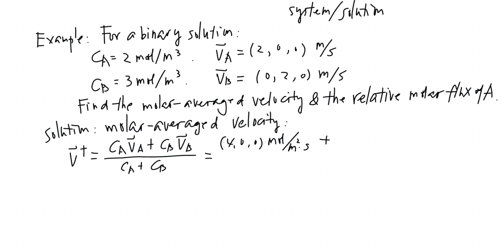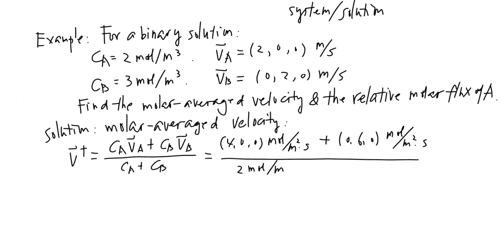CB is 3 mole per meter cube, and VB is (0, 2, 0) meters per second. You get (0, 6, 0) mole per meter squared second. And it is divided by CA plus CB, so you divide by 2 mole per meter cube plus 3 mole per meter cube. Then you just do the math.